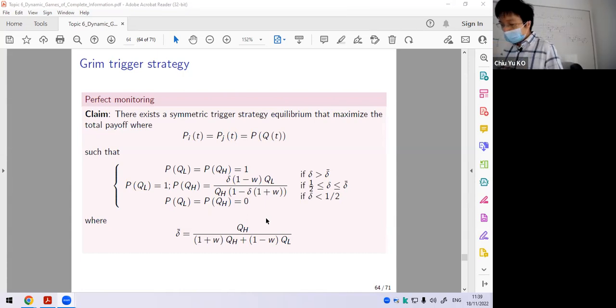What you get is indeed the following. You're able to do this when the economy is bad. And when the economy is good, you can only support this one. This is Q low, this is Q high.